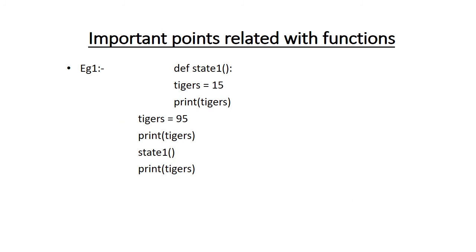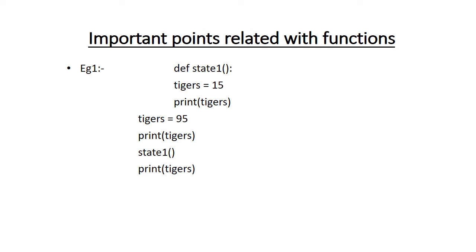An example program which explains the global and the local variables. You can see here, main program: tigase is equal to 95, print tigase. So it will print 95. Then state1, that means a function call, so the function definition will get activated. And what is there in that function definition? Tigase is equal to 15 and print tigase.